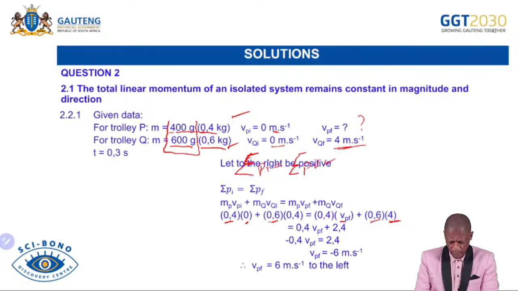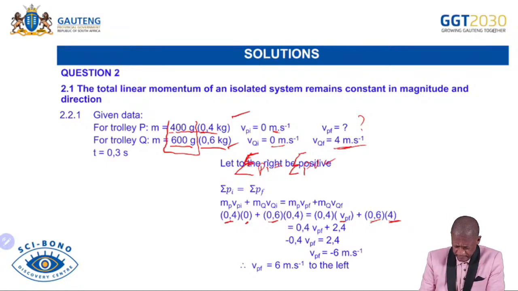Now, this side, if you multiply this by this, you'll get this one. You multiply this by this one, you have this one, right? This side is 0, remember the mass that you are given there.